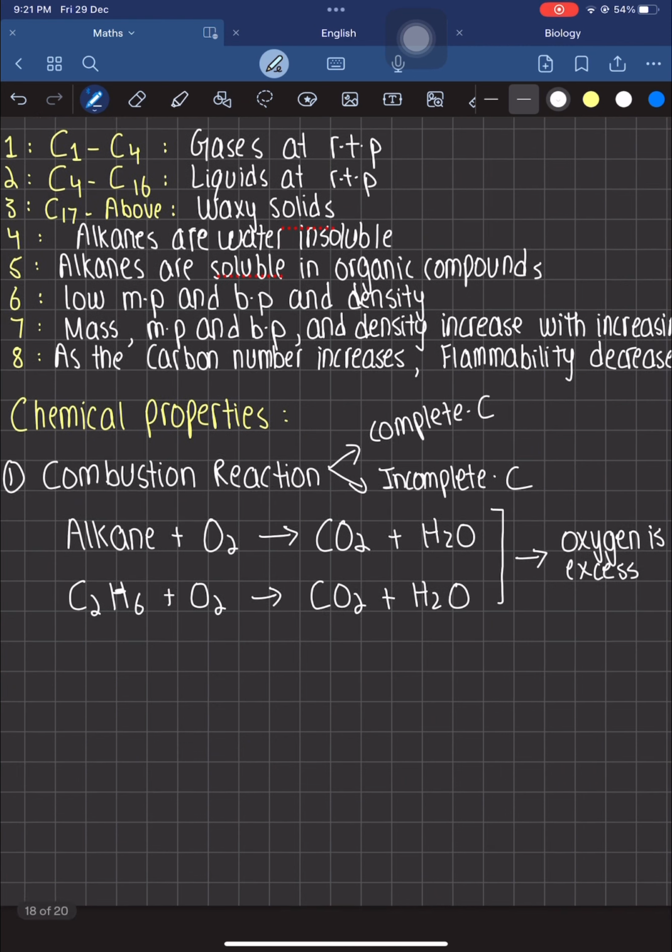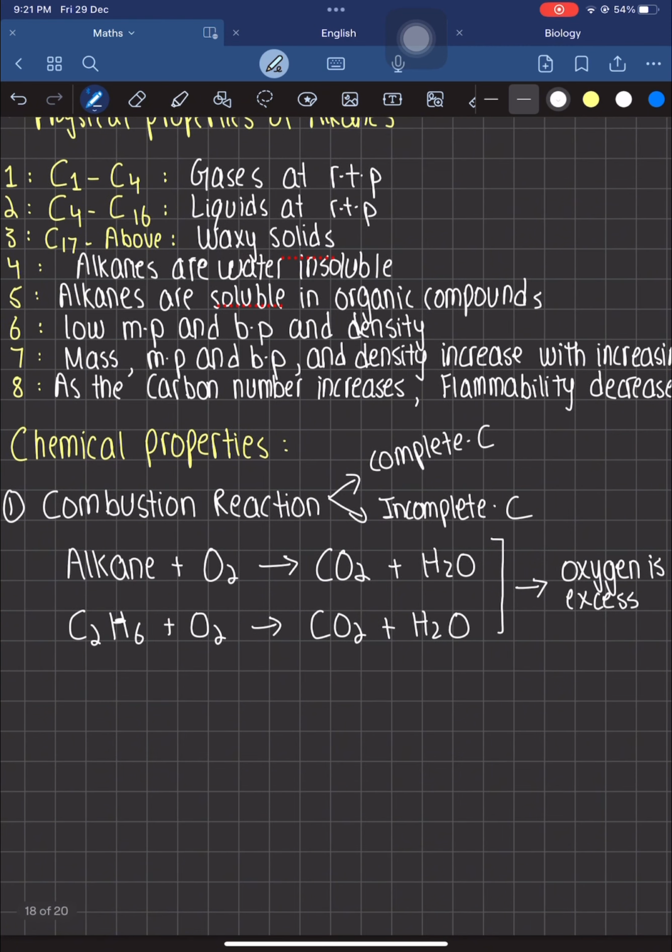Now let's move towards incomplete combustion. The products will be the same for any alkane as well. It will be alkane plus oxygen, and it will give me, first of all, some carbon dioxide as some of it burns completely, but as oxygen is in less quantity, we'll get carbon monoxide, and then when oxygen is all used up, we'll get carbon, and remember to add water as well.